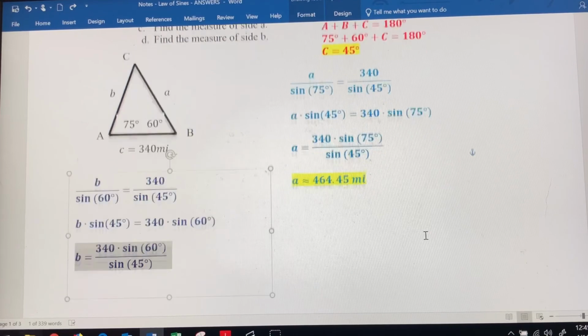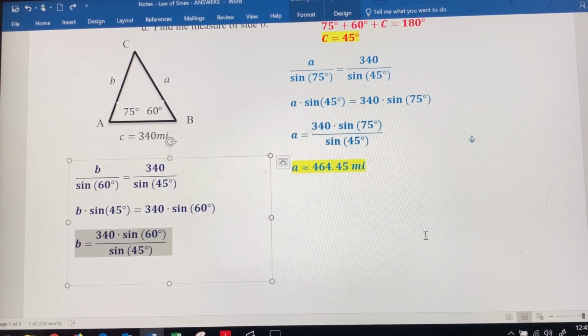Divide both sides by sine of 45, and my side length for side B is going to be 416.41 miles. I hope that helps you solve oblique triangles using law of sines when the given information is in angle, side, angle format. The next video is going to have a problem where we're given the information in angle, angle, side.